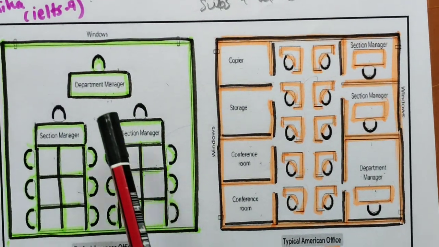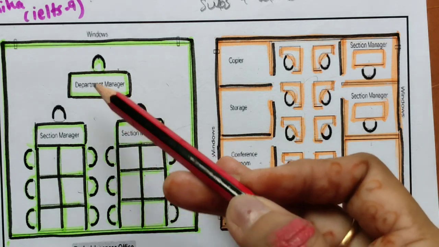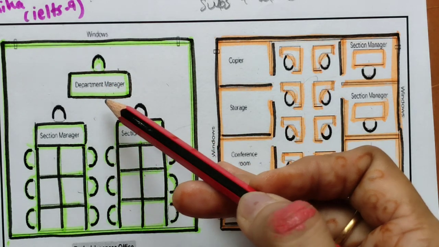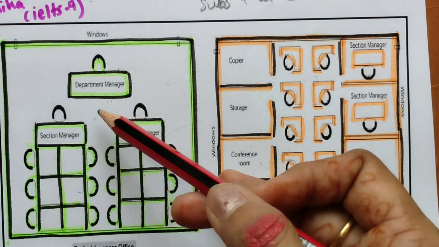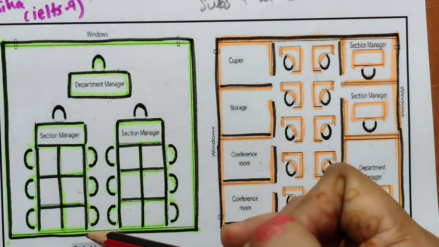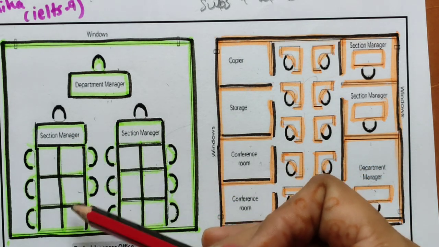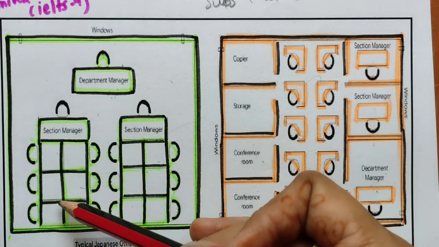Now I can see this is a room. At the front, towards the north side, it is the department manager. From here he can take a look at each and every employee, like the section manager also, and under the section manager there are 6 desks, 6 employees on the desk, both sides.